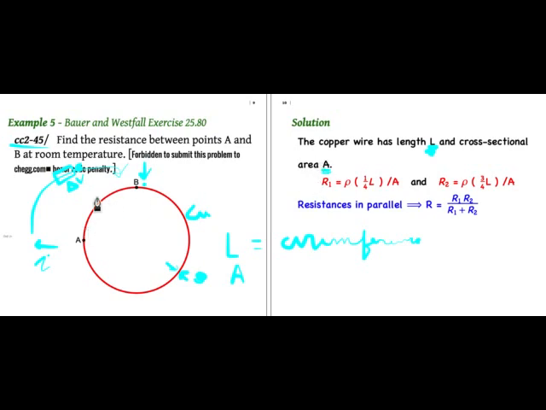Now, the trick of this problem is you actually have two resistances in parallel. You see, this current I will divide into two parts, I1 along this direction and I2 along this direction. So here's I1 going from B to A along the short arc, and then I2 going from B to A along the longer arc.